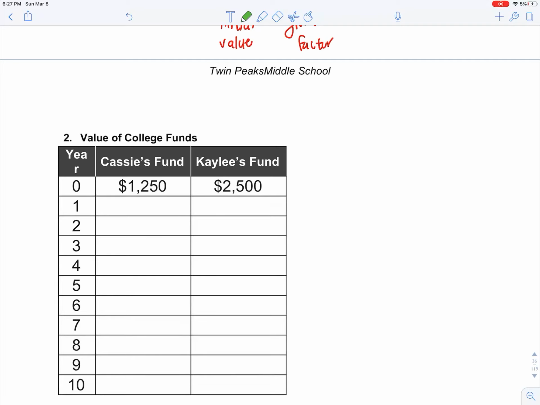So when I multiply by 1.04 here, I get 1,300. Then I can keep going. So that's 1,352. Sorry, I should have said pause the video now and fill in the table. So if you haven't, go ahead and pause the video and continue working.